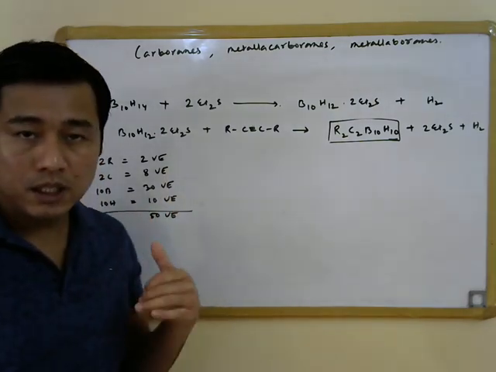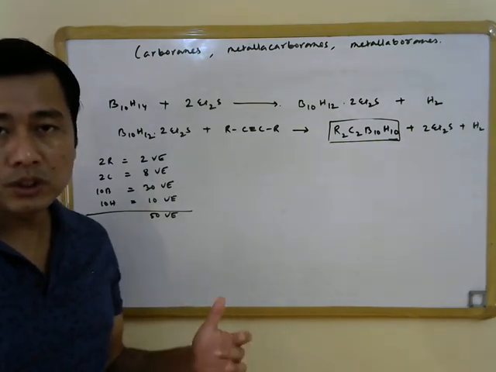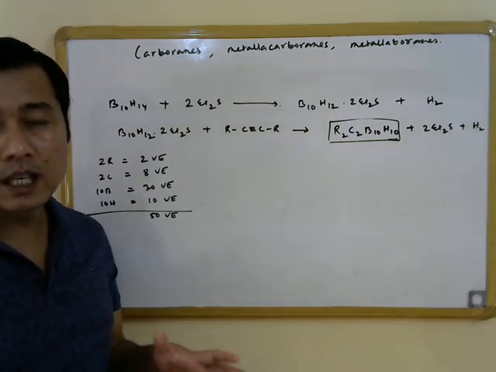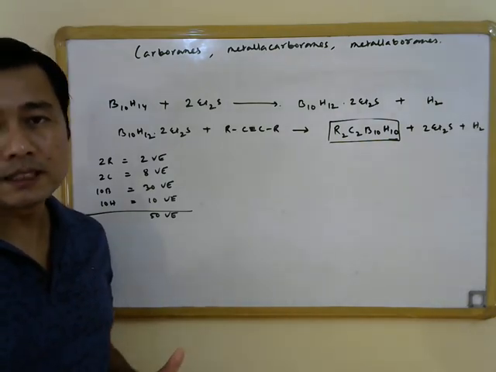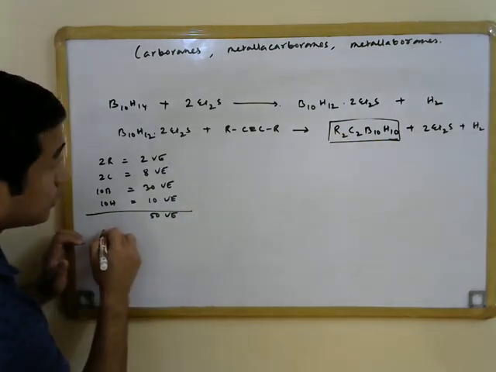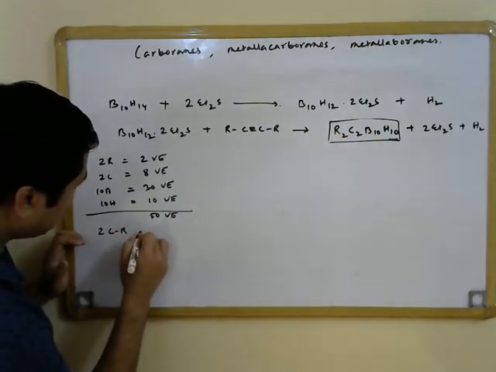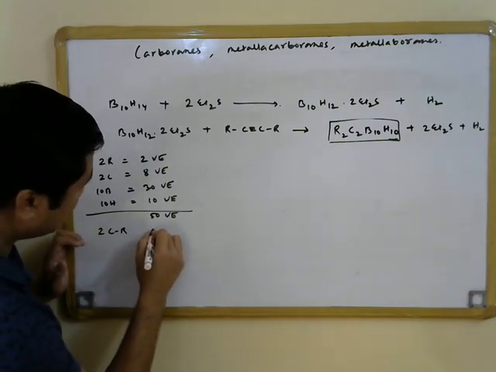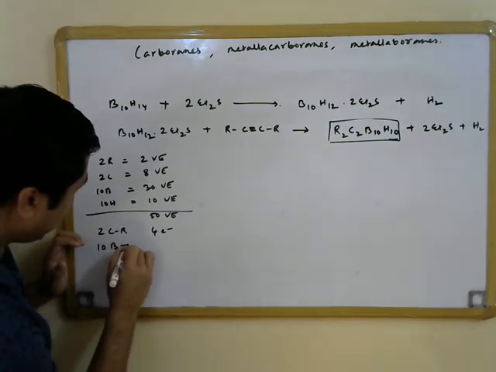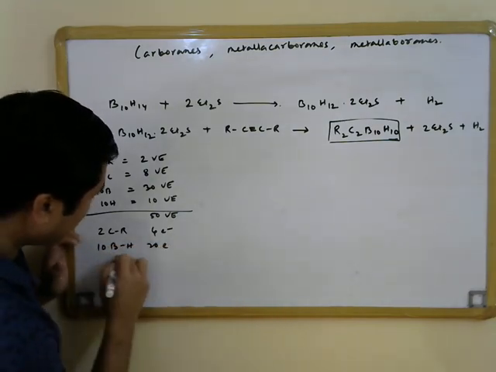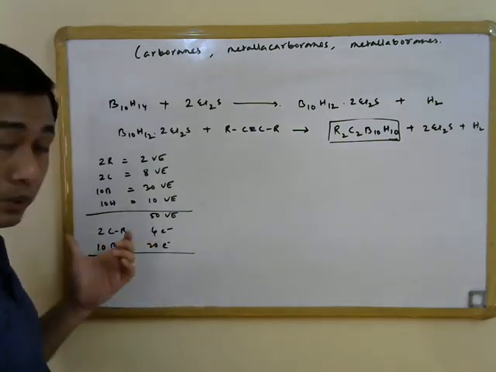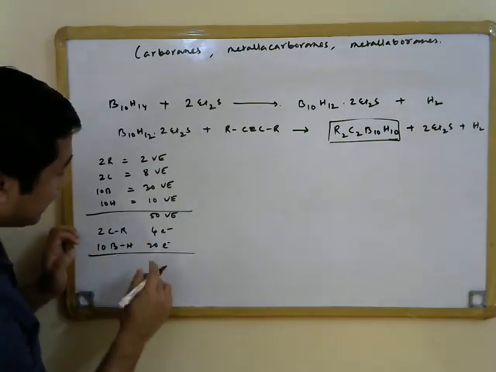Now we will have to deduct the electrons which are used for formation of terminal 2-center 2-electron bonds, so that we get the electrons which are used for formation of the polyhedral skeleton of this carborane molecule. There are 2 CR bonds here, so total 4 electrons, and 10 BH bonds, so 20 electrons for these 10 BH terminal 2-center 2-electron bonds.